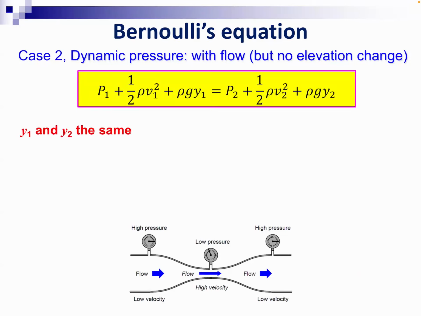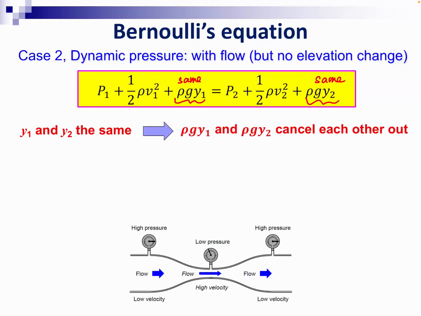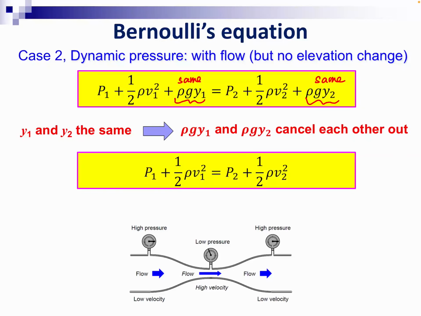So in this case, y1 and y2 are the same. They appear at both sides of the equal sign, so they cancel each other out. And that simplifies Bernoulli's equation to this form: P1 plus 1/2 rho v1 squared is equal to P2 plus 1/2 rho v2 squared.